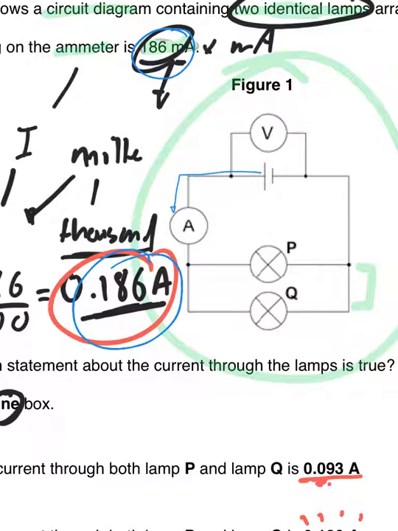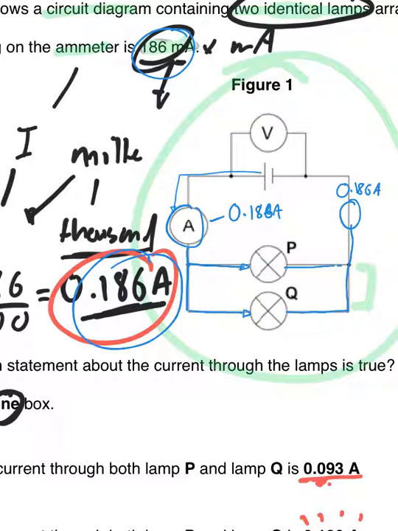So I know that at this point I'm getting 0.186 amps, and I know that at this point I would get the same, 0.186 amps. However, as it's a parallel circuit, we should know that current separates and is shared equally between the two components before it comes back.